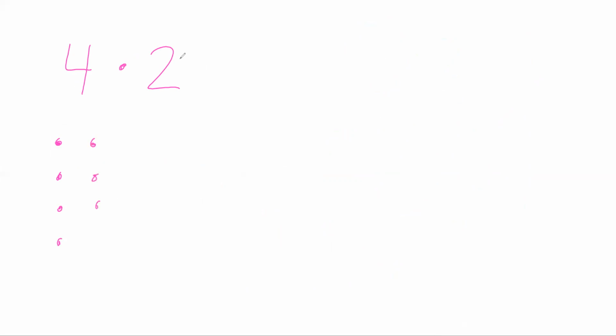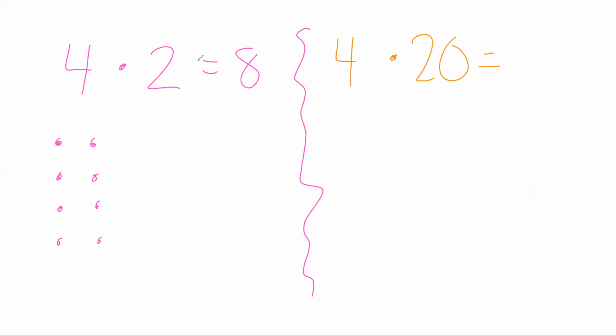As you can see, it's the same array, it's just moved. And that equals 8 because there are 8 total dots. But what happens as we get larger? Let's say I still have 4, but I'm multiplying it by 20. How do we start to model this? That's really what today's skill is all about.